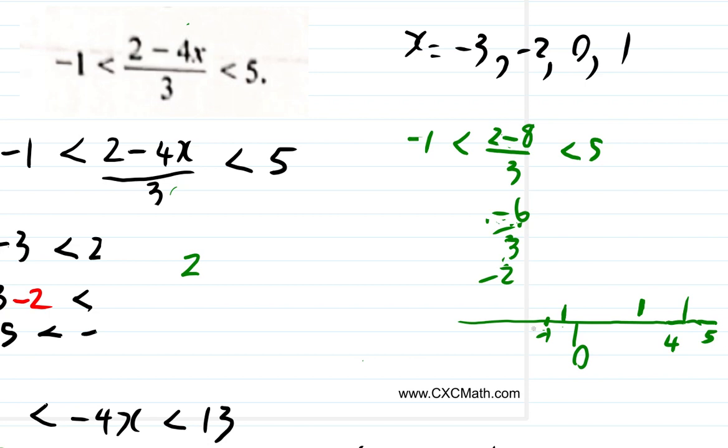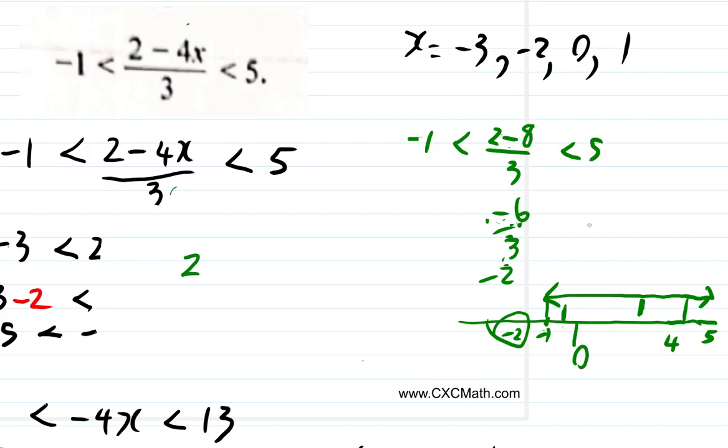Now, if you try that, negative 2 is outside the range. Remember, it should not pass 5 to the right, and it should not pass negative 1 to the left. So negative 2 didn't work as expected. Alright, so those are indeed the integer values.